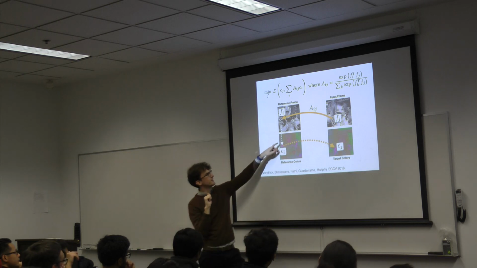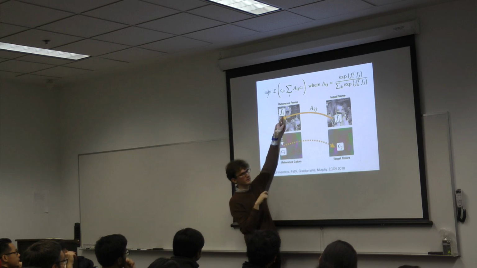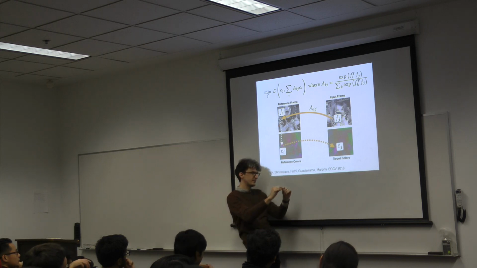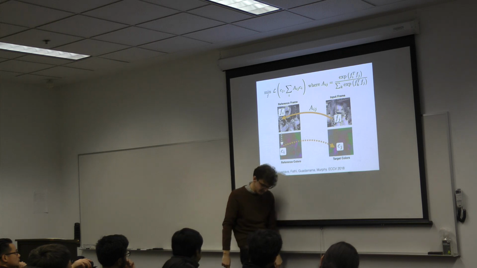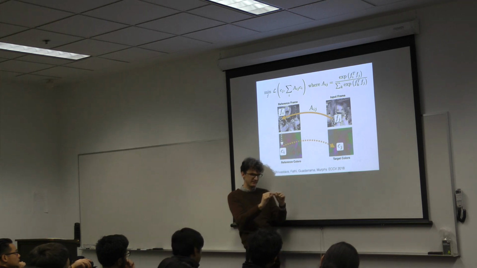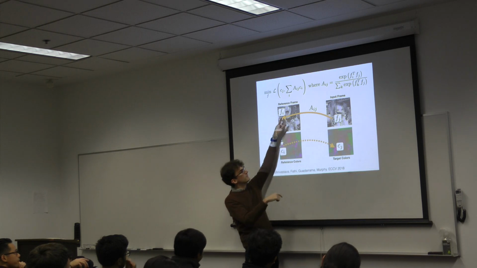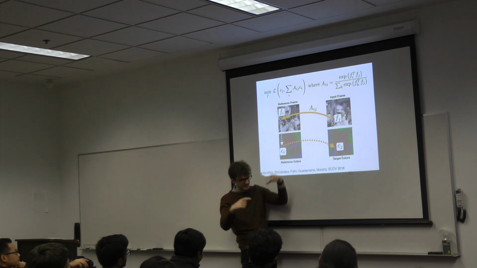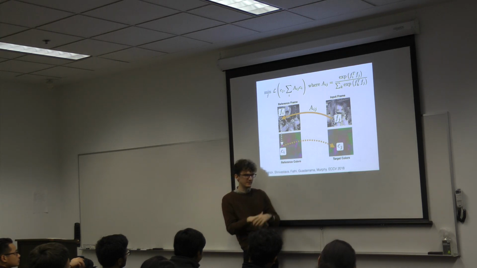Well, it depends on the contextual window, the receptive field of this embedding. If you have a small window, you can see a small part, and the texture between here and here is going to be the same. Then you're right, this is going to be confused. But in practice, you can make this receptive field quite large, and then there are a lot of interesting points that you can still use to track the color.